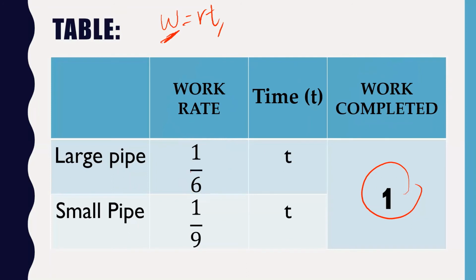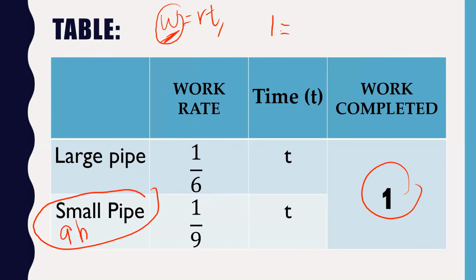Okay, erase. What about if we're looking for the rate of the small pipe? Remember, 9 hours daw niya ma-empty yung isang pool. Therefore, we need to get the rate. So, same manner, we're going to substitute W with 1 kasi 1 pool is equal to, yung time natin is 9 hours.